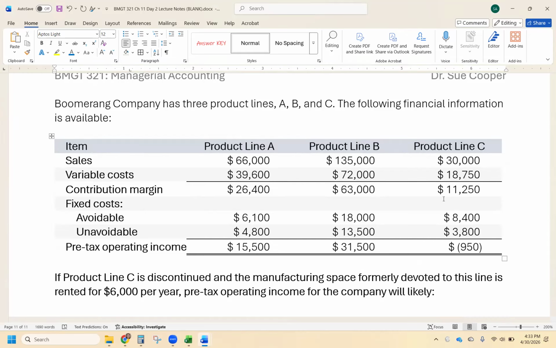What will be the pre-tax operating income here if we drop it and rent the space for $6,000?